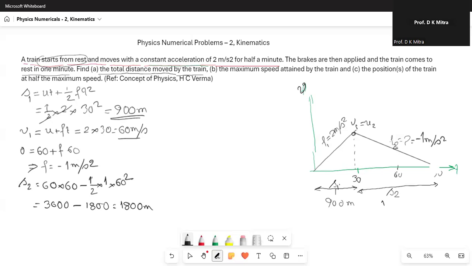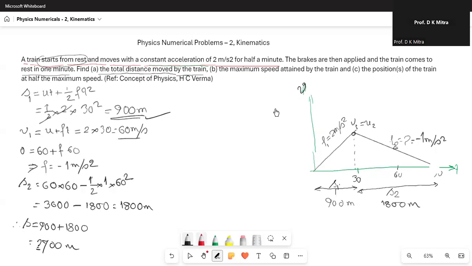So S2 is 1800 meters. Therefore, the total distance traveled, S, is 900 meters plus 1800 meters, which is equal to 2700 meters. So far so good.